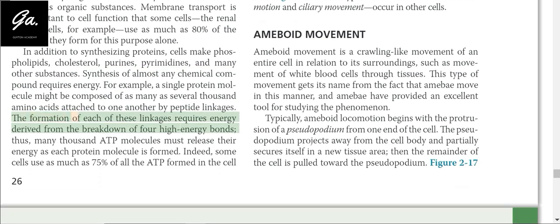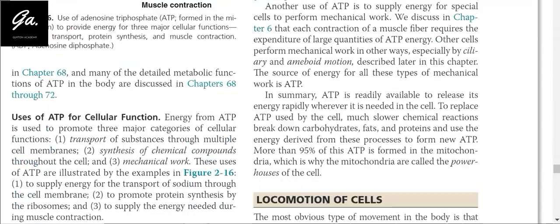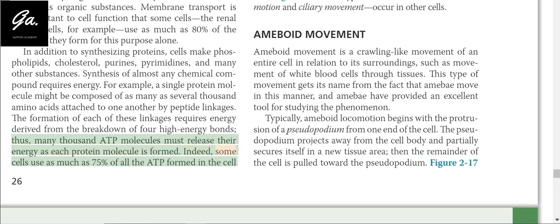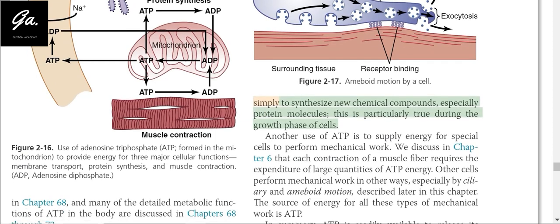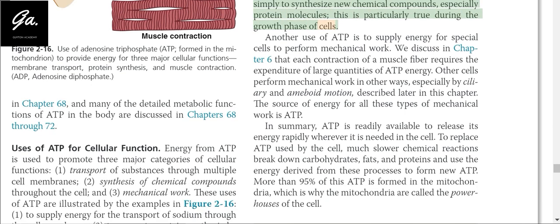The formation of each of these linkages requires energy derived from the breakdown of four high-energy bonds. Thus, many thousand ATP molecules must release their energy as each protein molecule is formed. Indeed, some cells use as much as 75% of all the ATP formed in the cell simply to synthesize new chemical compounds, especially protein molecules. This is particularly true during the growth phase of cells.